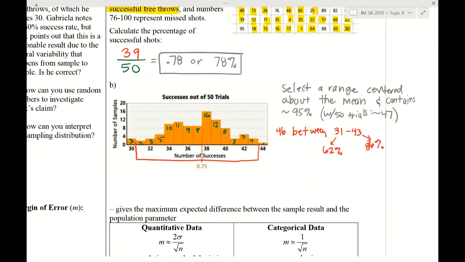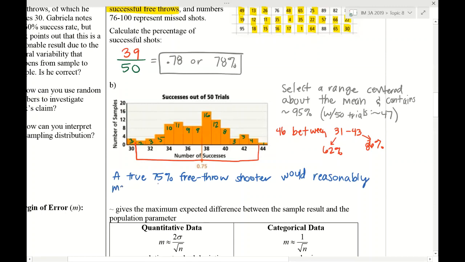So what this shows us is that a true 75% free throw shooter would reasonably make between 62 and 86% of shots.